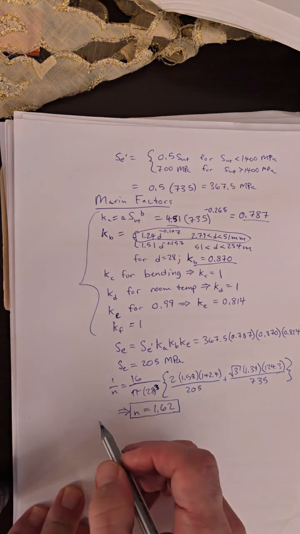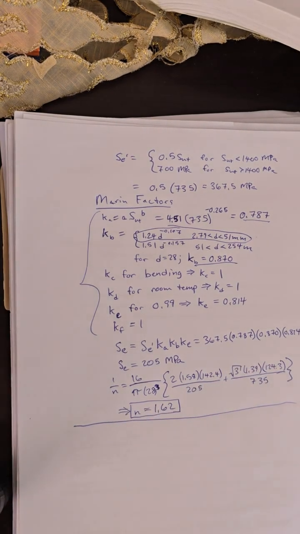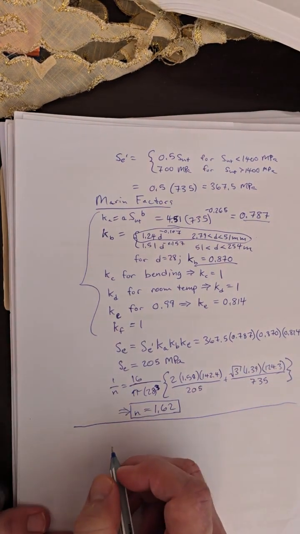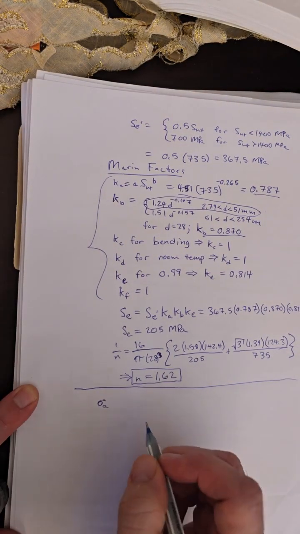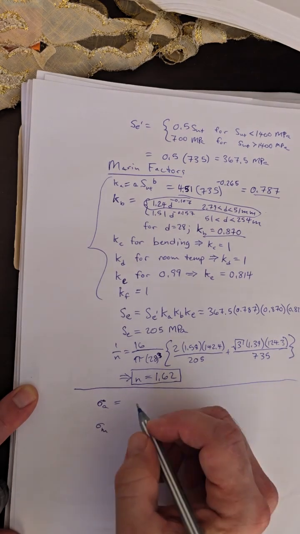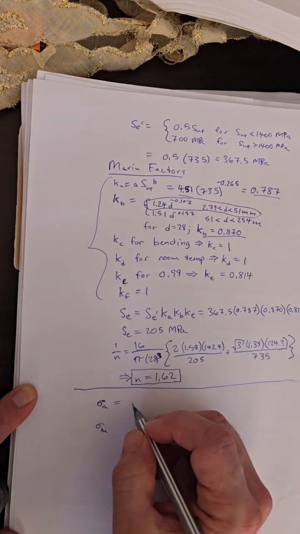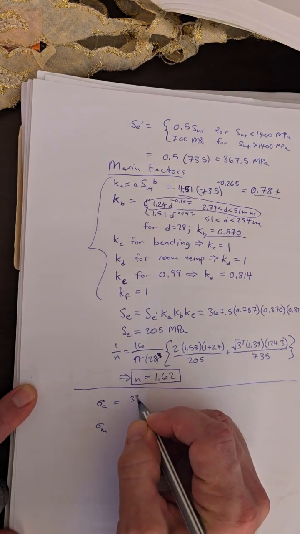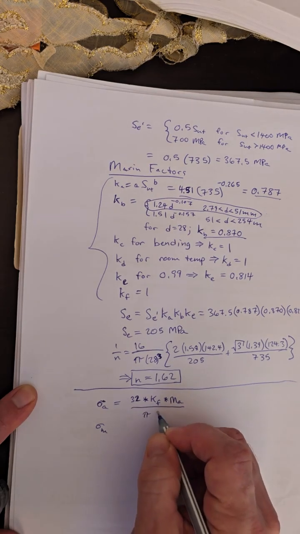One important point to make here is that you don't have to plug everything into the equation all at once. You could just solve for the alternating stress and the mean stress individually, where the alternating stress would equal, according to the von Mises criteria, 32 times Kf times the MA over pi d cubed.